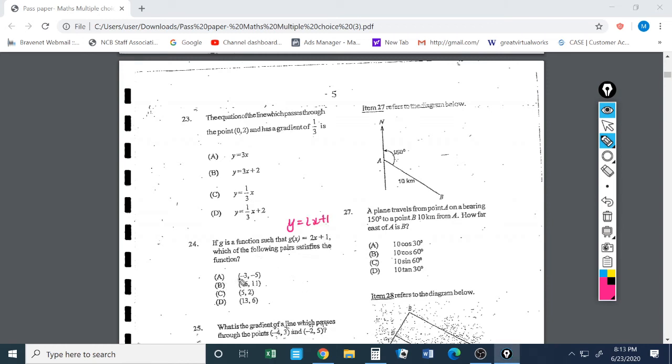So the first one we're going to do here is put this minus 3 into this, and I'm going to get y is equal to 2 times minus 3 plus 1, and we're going to get negative 6 plus 1, which is equal to y being minus 5. And that's exactly what we end up with, so we know A is correct. We don't even have to move on to B, C, and D because we already know A is correct.